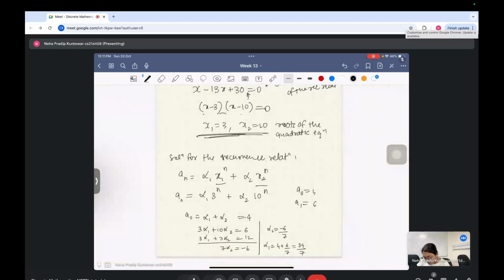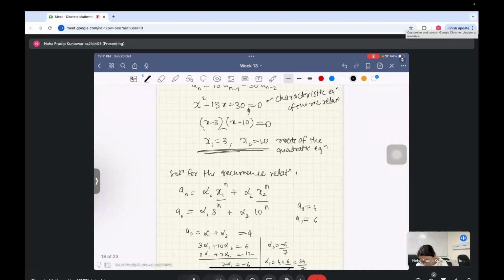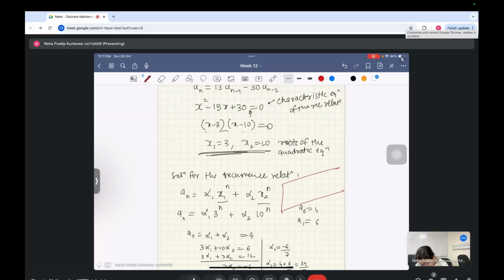And if you substitute this, it finally gives you that a_n is equal to 34 over 7 times 3 to the n minus 6 over 7 times 10 to the n. So this is the solution to the recurrence relation.